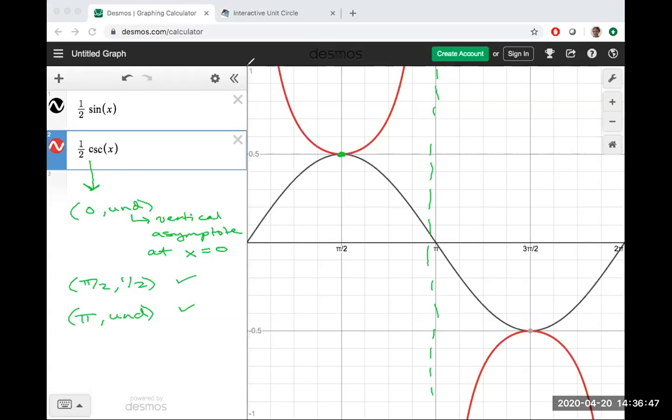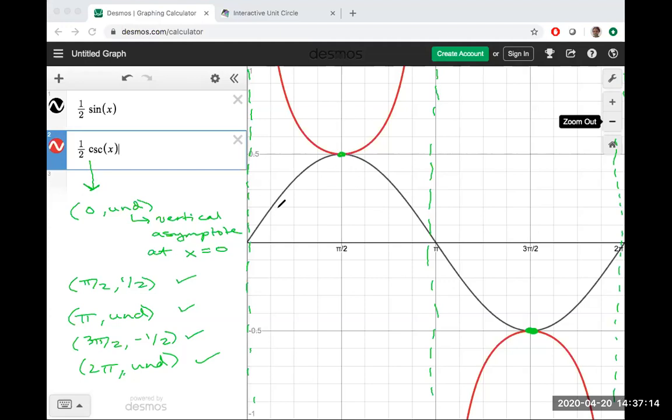There should also be one at x equals 0. We had 3 pi over 2, -1/2, which is right here. And then we had 2 pi undefined, which is an asymptote right here at 2 pi.